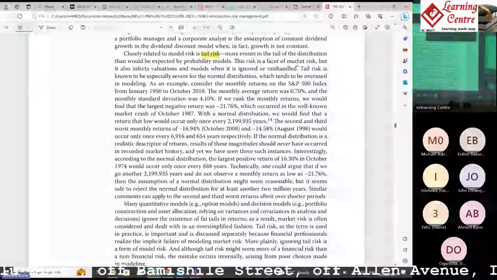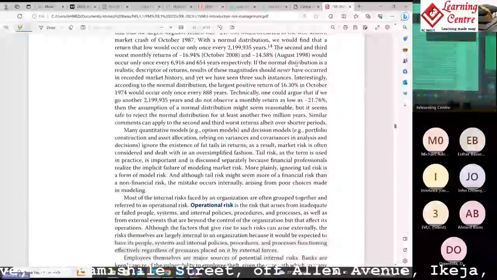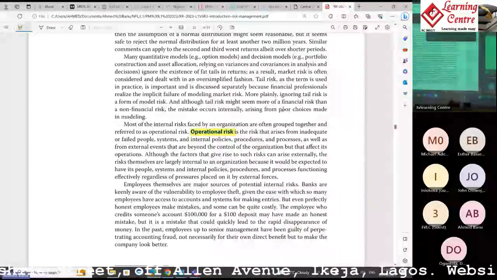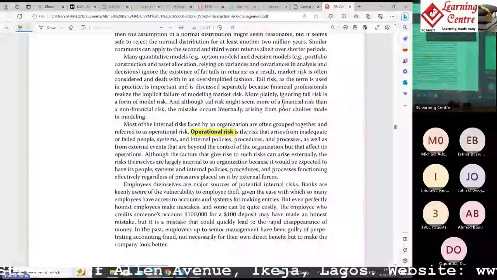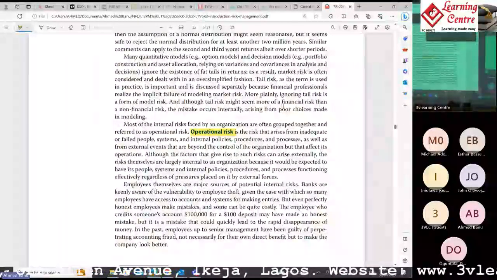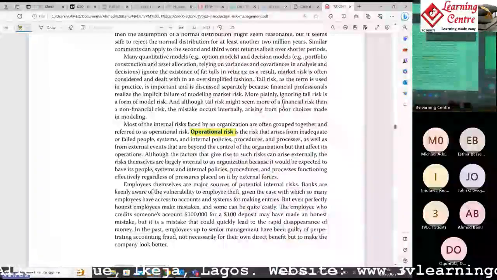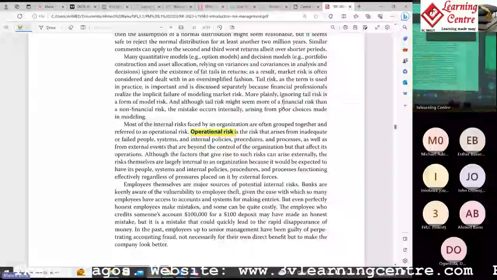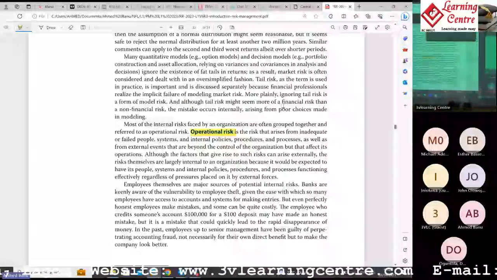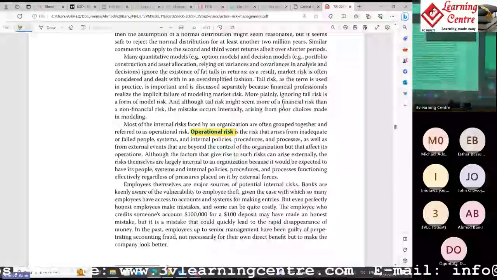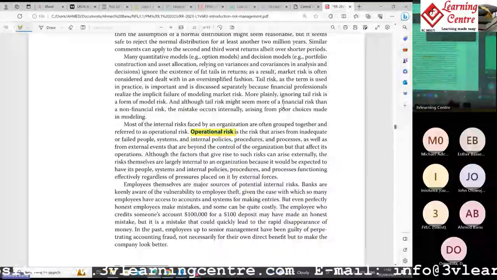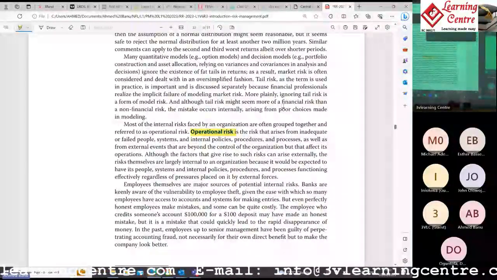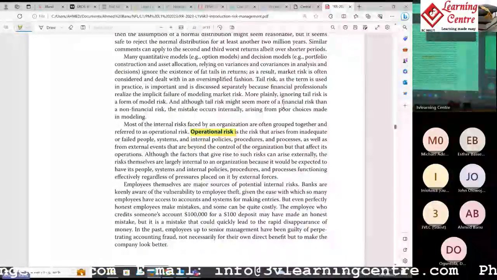Yeah, I think that's pretty much it. Now, the master of the game, the one called operational risk. Operational risk is the risk that arises from inadequate or failed people, systems, and internal policies, procedures, and processes. I always say operational risk is failure in systems, processes, and people.